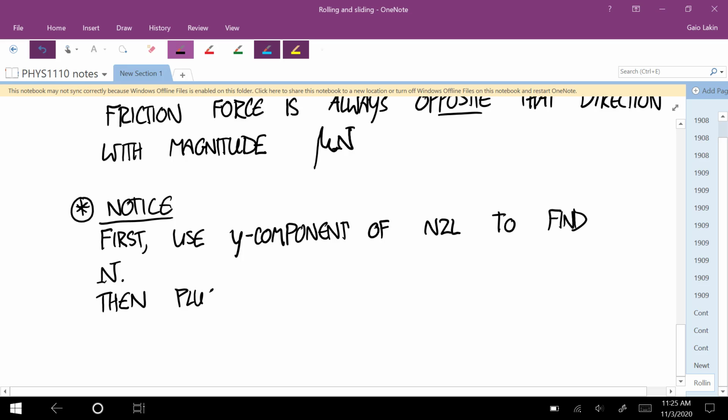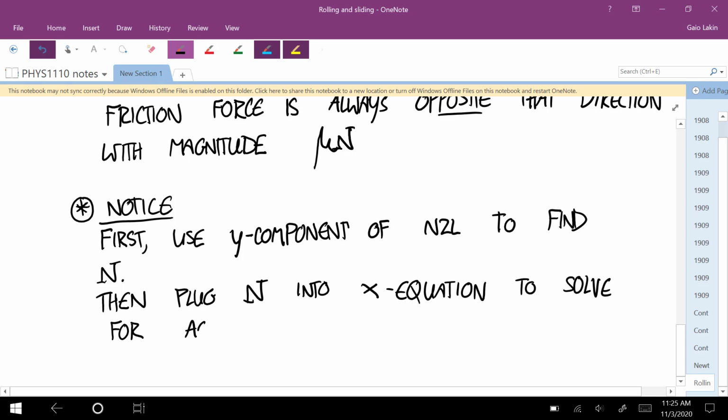Then you're going to plug that normal force value into the x equation to solve for the acceleration. We're going to set it up the same way as we did for that rolling problem. The difference is in the rolling problem, we didn't need the y equation for anything. In friction problems, we're always going to use the y equation first and then plug what we get from the y equation into the x equation.